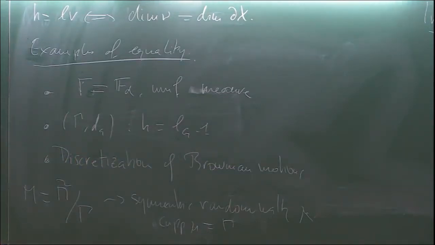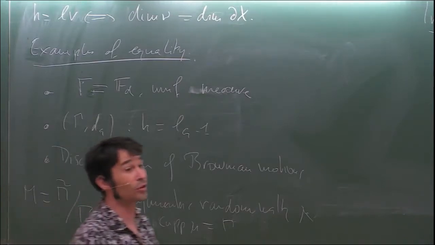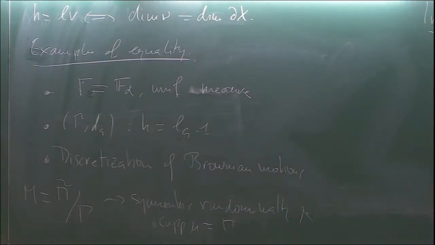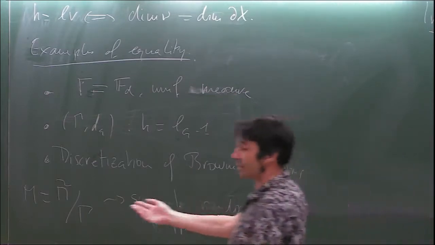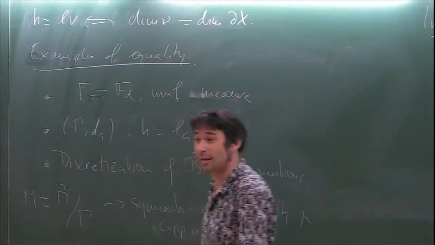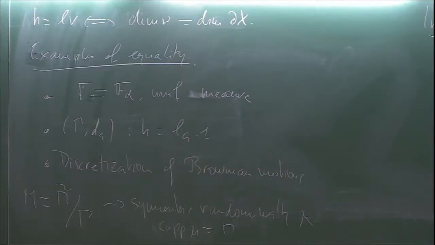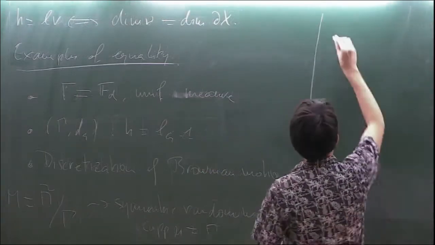So if you know something about the Brownian motion, then you can transfer it to the random walk, and vice versa. They have the same harmonic measure at infinity. The Green functions are proportional. The drifts are proportional. Everything is proportional by the same factor. So if N tilde is a symmetric space, then we know we have equality for the Brownian motion, and then we get equality here too.